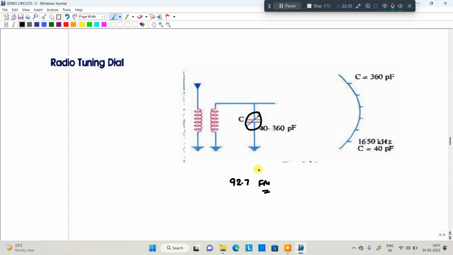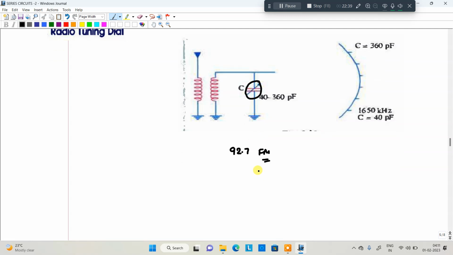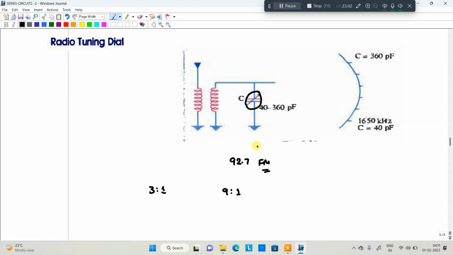So that is about tuning. It can be used in radios and televisions, etc. In olden days television had it, but now we have remote controls. Olden radios also were tuned with the help of a capacitor dial. In that case the capacitor ratios will be 3:1, sometimes 9:1, like that. That is about radio tuning.